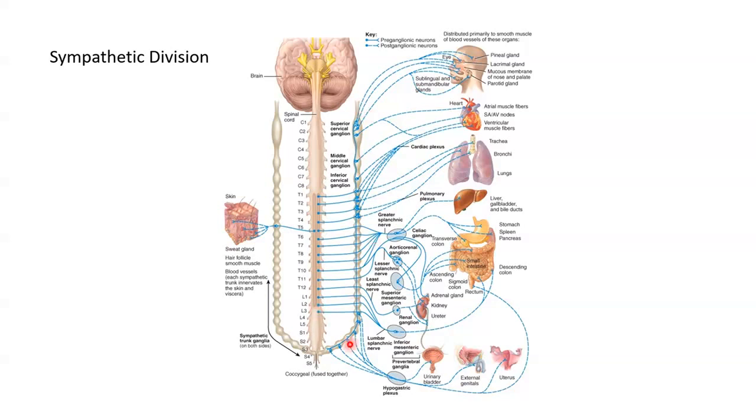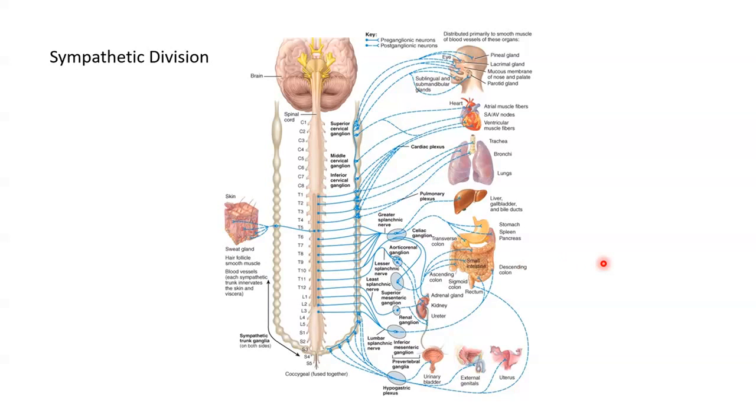So diaphragm up, we have our trunk ganglia on either side of the spinal cord. Diaphragm down, we have our prevertebral or collateral ganglia, and that sits in front of the spinal cord.